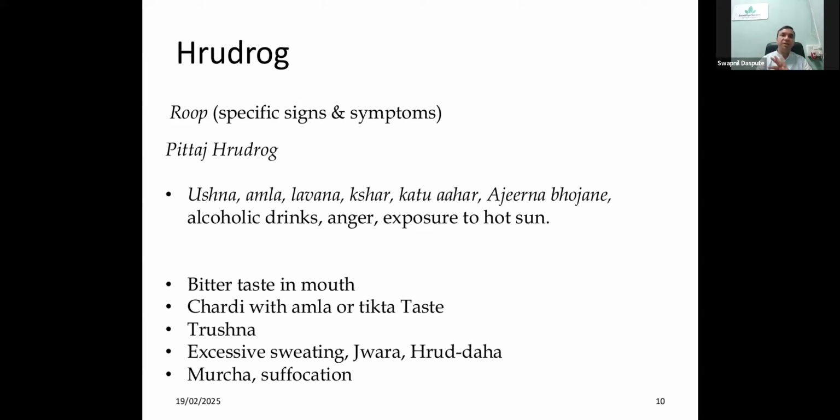So natural taste of Pitta is Tikta, and when it is Amla Rasatmak, there is Samata in that. Okay, so line of treatment for Amla Rasa Chardi and Tikta Rasa Chardi is different. We saw that in Chardi as well as Amla.